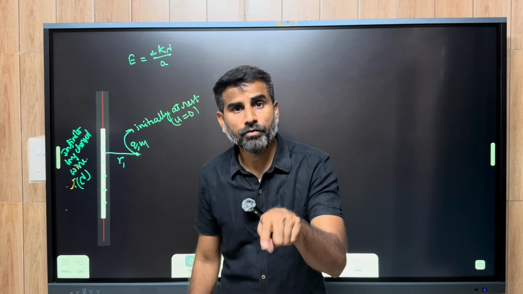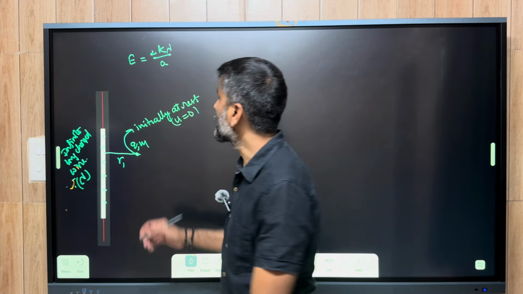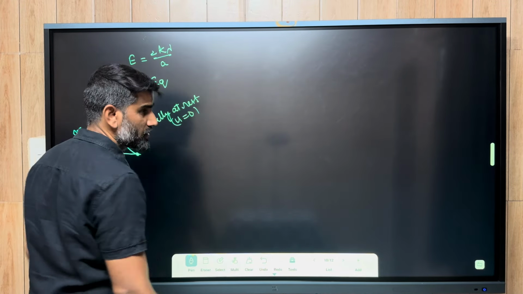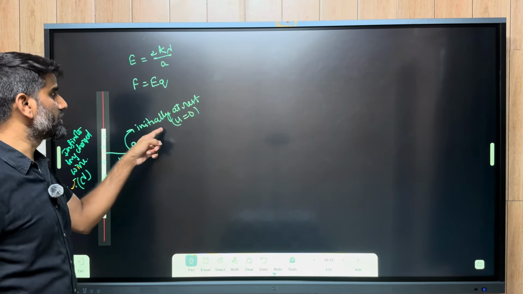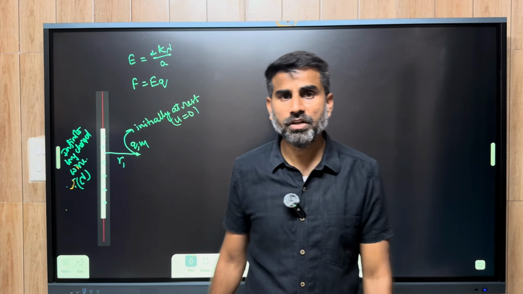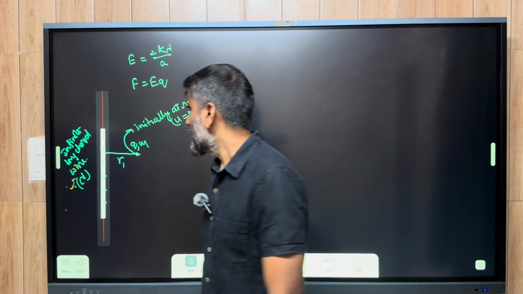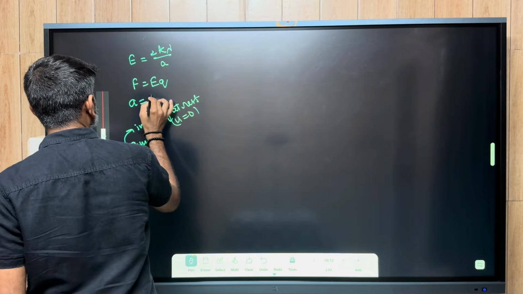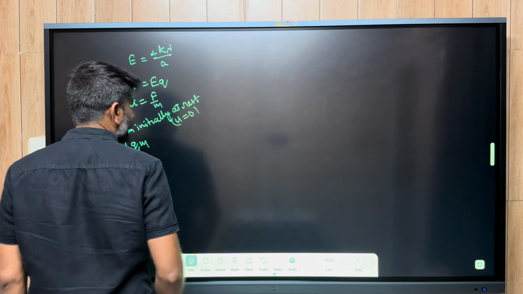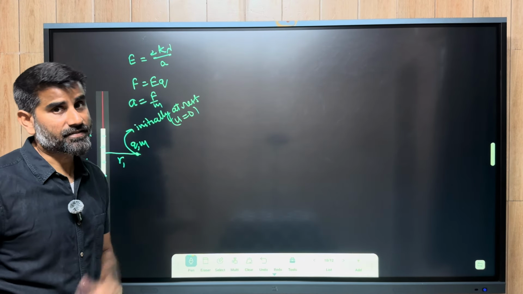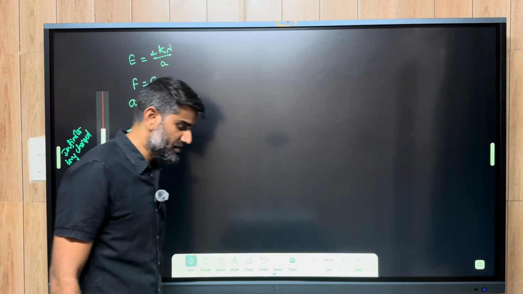As the electric field decreases, the electric force also decreases, because F is equal to EQ. As E decreases, F also decreases. Q is not changing. So as the force is decreasing, the acceleration, F by m, also decreases.